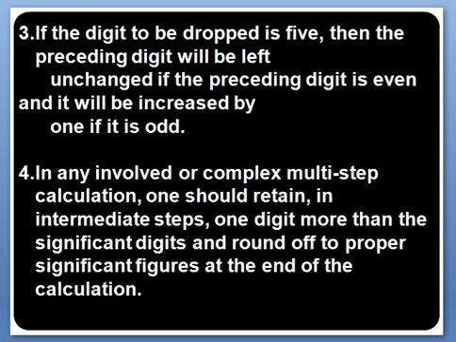See the third: if the digit to be dropped is 5, then the preceding digit will be left unchanged if the preceding digit is even, and it will be increased by 1 if it is odd.